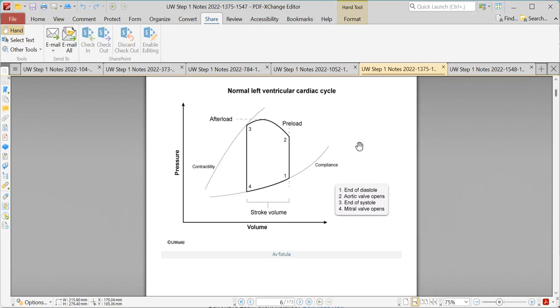In this you can see aortic stenosis. So in aortic stenosis, what is happening? There is an increase in the afterload. Whenever we have an increase in the afterload, preload and stroke volume decrease. So our stroke volume will be really small, and the afterload really tall.